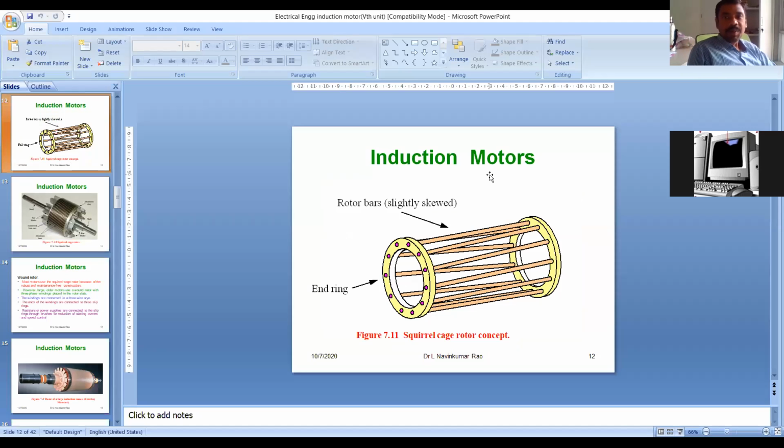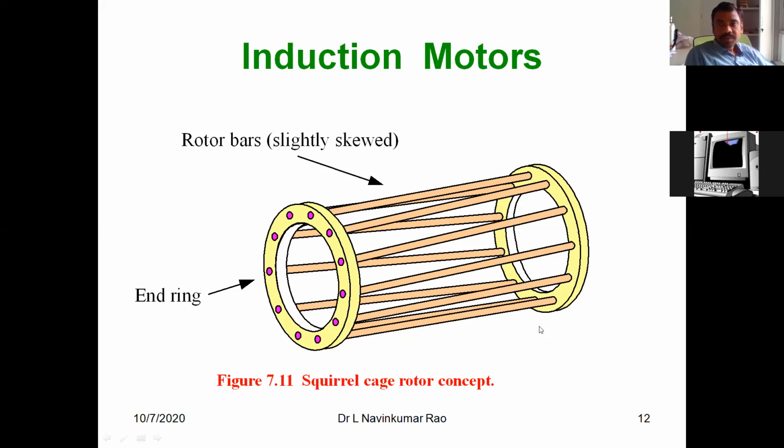Okay, is it clear to everybody? It is slightly slanted. In order to reduce noise signal or humming, we make the rotor bars skewed or tilted. Somewhat tilted, not straight.